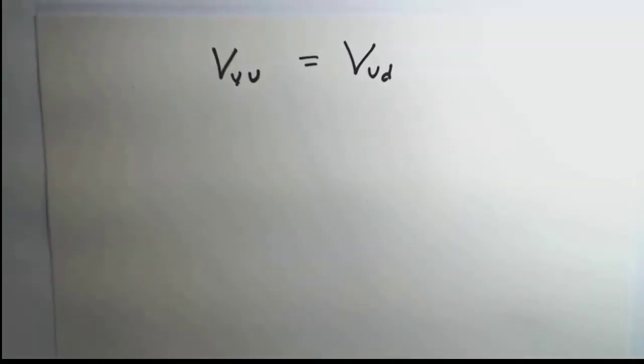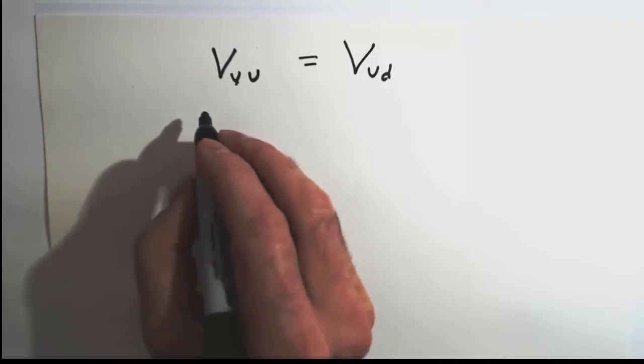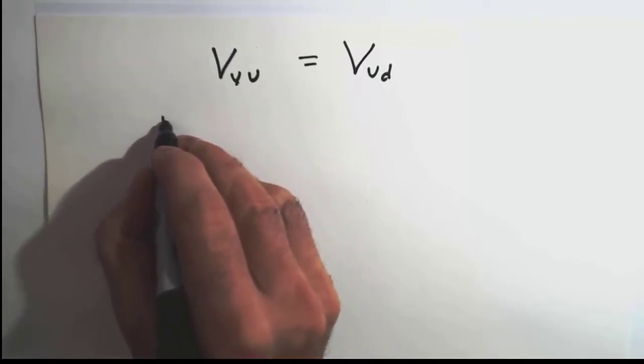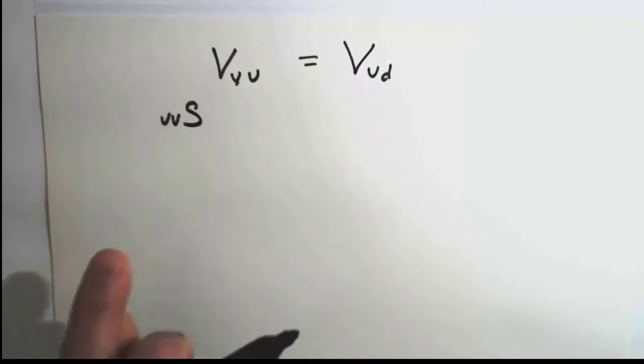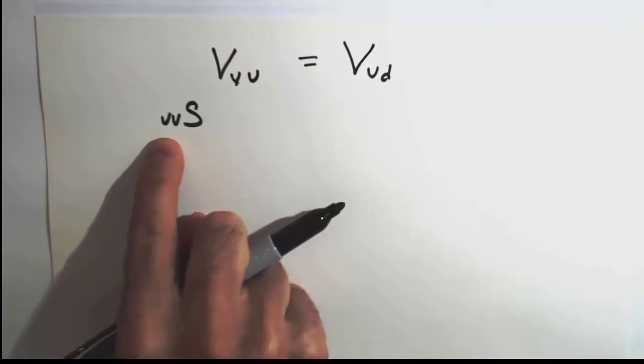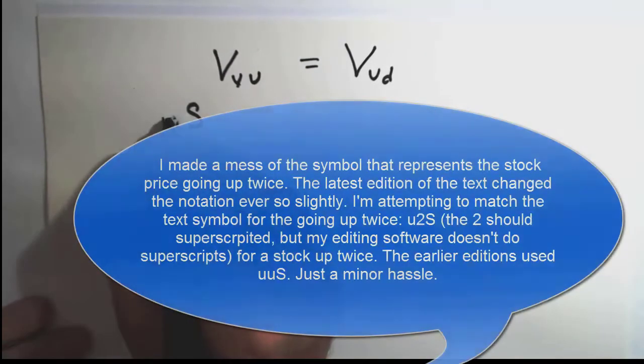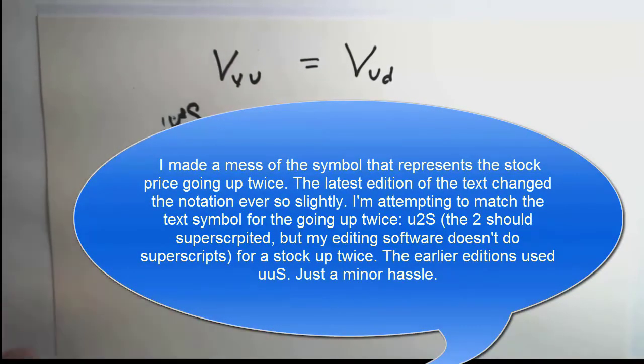So we want the value of our portfolio to look like this. Here we have a stock. Let's get the symbol straight in the text. The text uses U squared, meaning the stock went up twice.